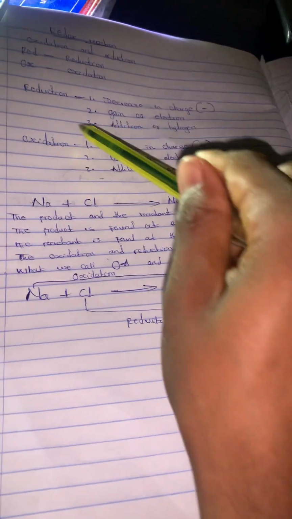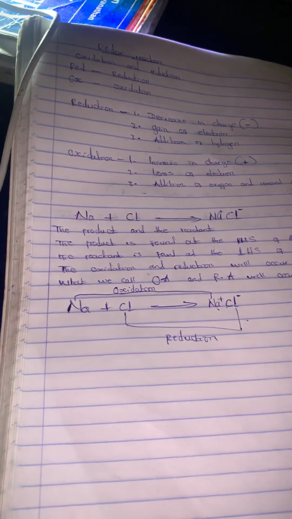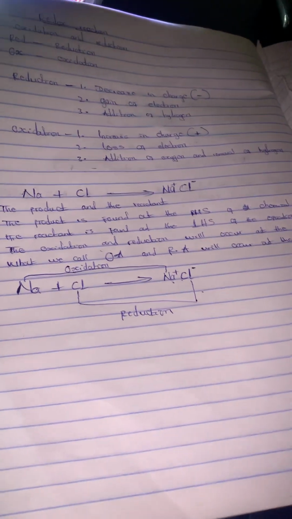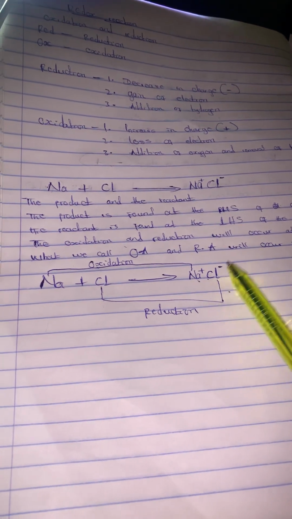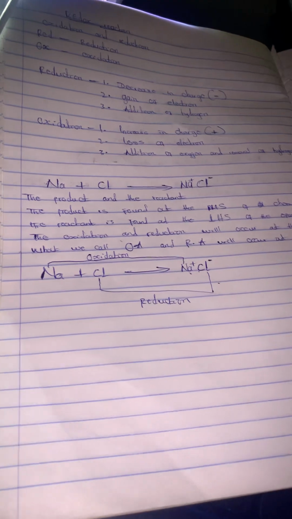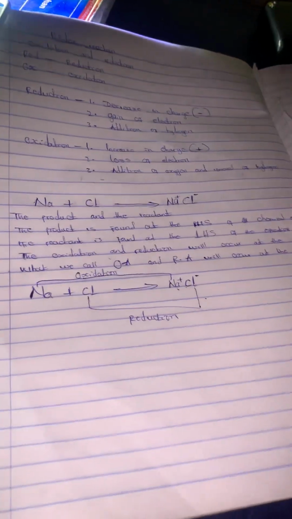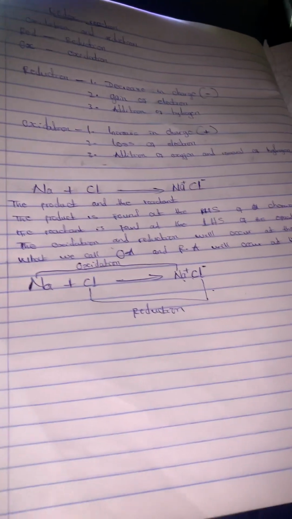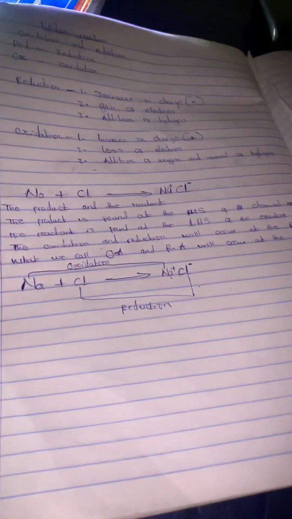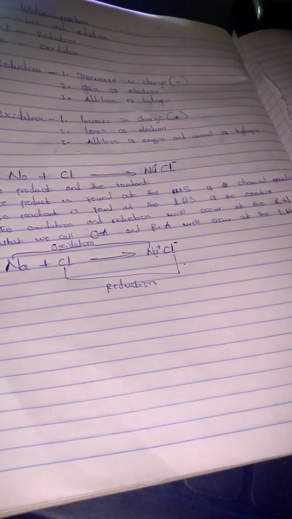It is the oxidation. Now, if you go to the definition of gain of electron, you know that in chemistry, gain of electron, the charge it bears is a negative sign, whereby loss of electron bears a positive sign. We have illustrated using the two definitions of both the reduction and oxidation.